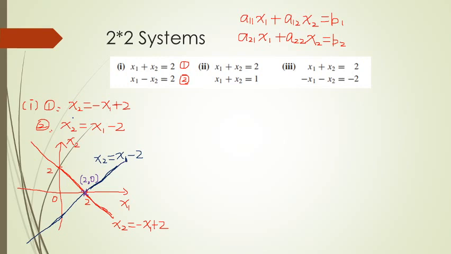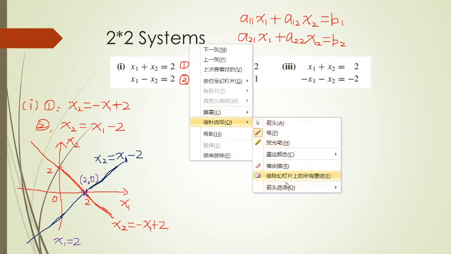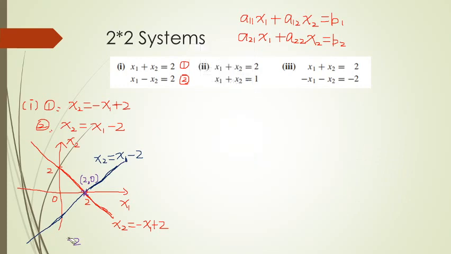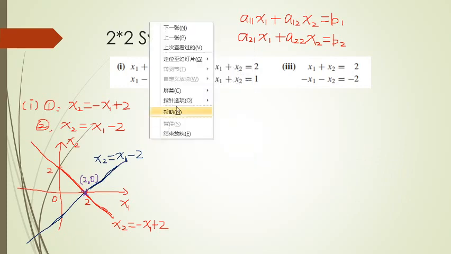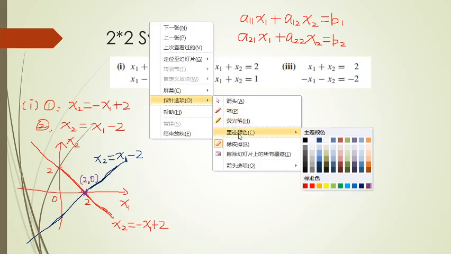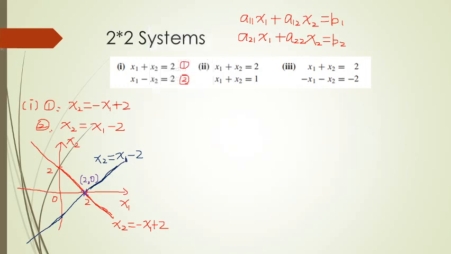Let's check that. So when x1 equals 2, let me write there. From the graph, we will notice that those two straight lines intersect at the point when x1 equals 2, when x2 equals 0, right?